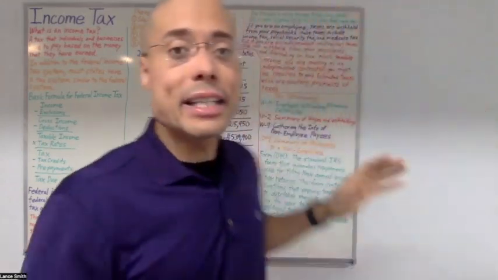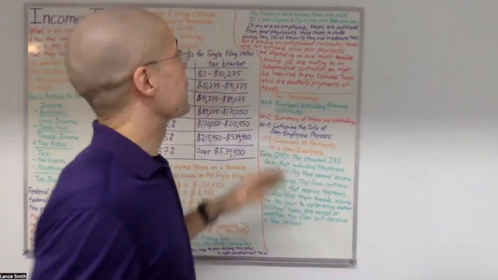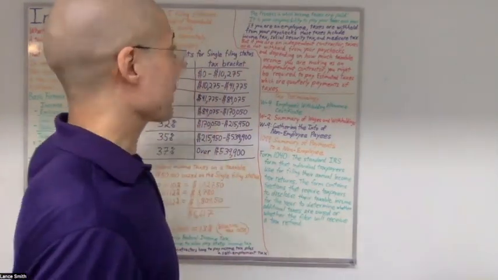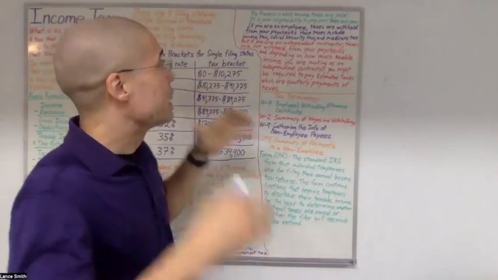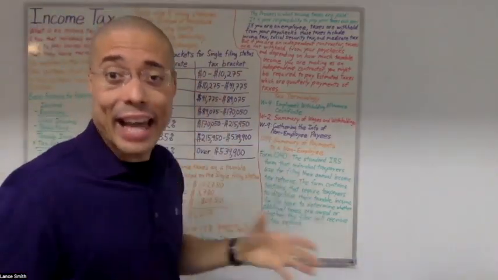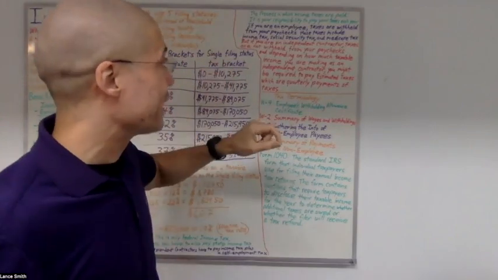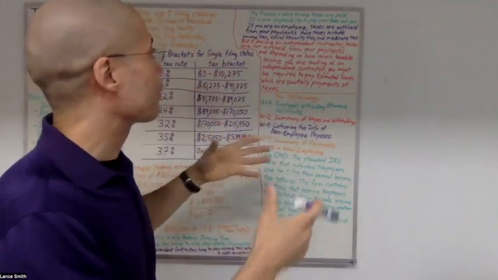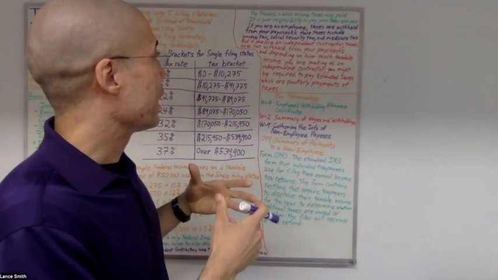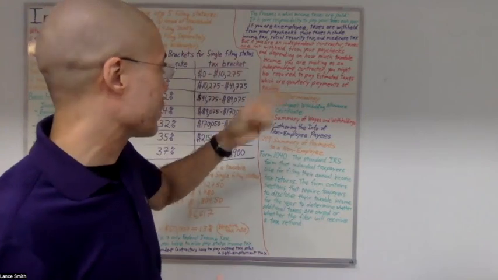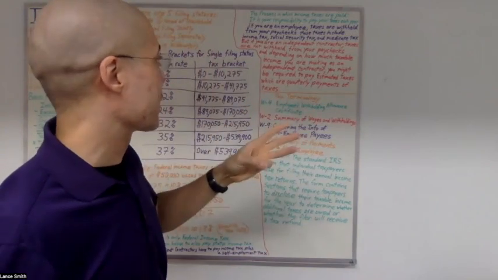Now, what is the process in which income taxes are paid? Well, it is your responsibility to pay your taxes every year, okay? Now, if you are an employee, taxes are withheld from your paychecks, and those taxes include income tax, social security tax, and Medicare tax, right?